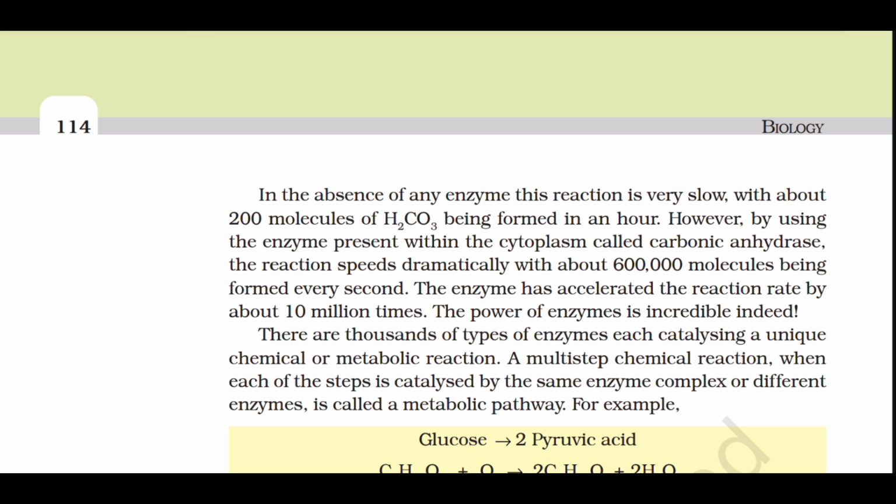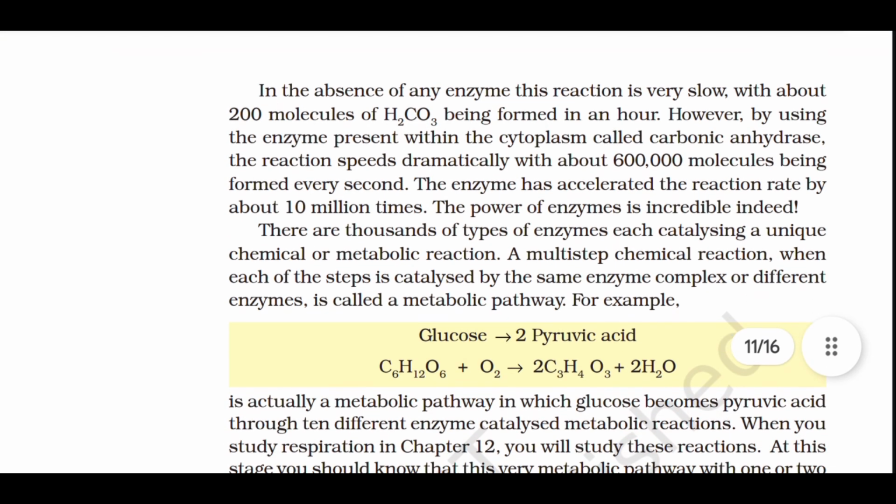However, by using the enzyme present within the cytoplasm called carbonic anhydrase, the reaction speeds up dramatically with about 6 lakh molecules being formed every second. The enzyme has accelerated the reaction rate by about 10 million times. The power of enzyme is incredible indeed.